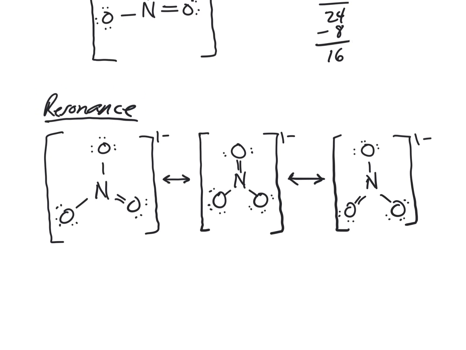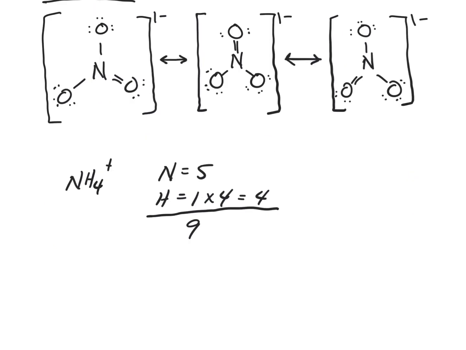Okay, let's try another example. There's only one other example that I know of a polyatomic ion that is positively charged. So let's try a positively charged ammonium. Okay. All right, so I started with my ammonium formula, and I counted the valence electrons, and I got 9.